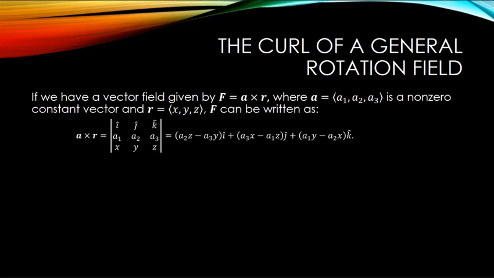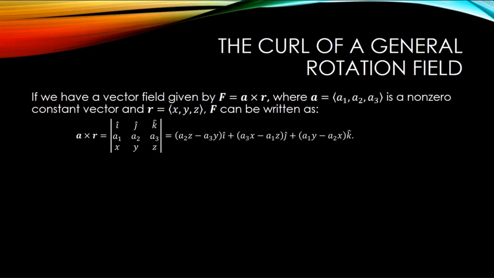A general rotation field is given by F is equal to A cross r, where A is the vector with components a sub 1, a sub 2, a sub 3, and it is a non-zero constant vector, and r is the vector with components x, y, z.